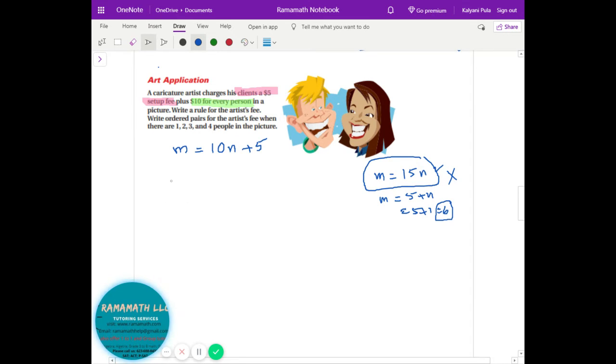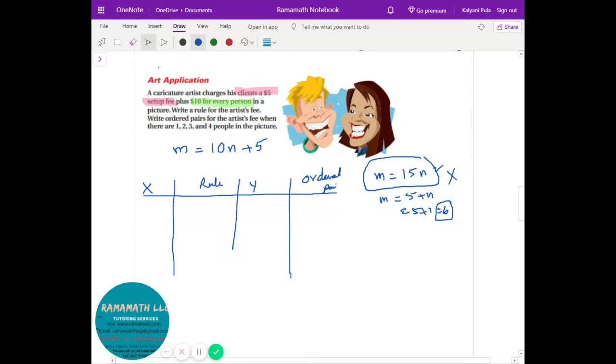So once I have these 2 values, now I can figure out how much it's going to cost. What I can do is make a t-chart, or we can call it an input-output table. This is x, which is the input, and this is y, which is the output, and we can write the ordered pairs.